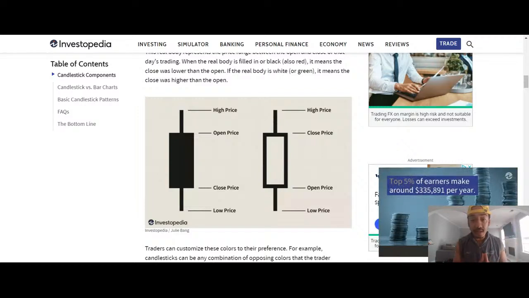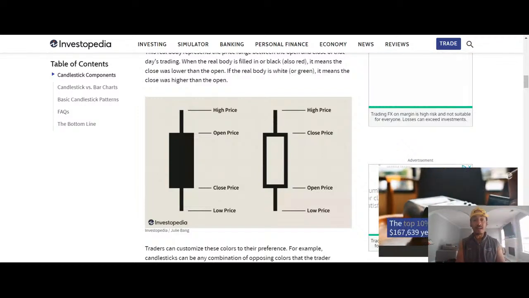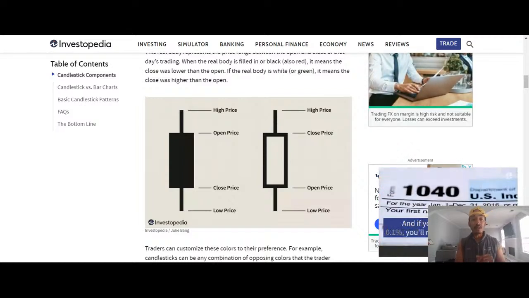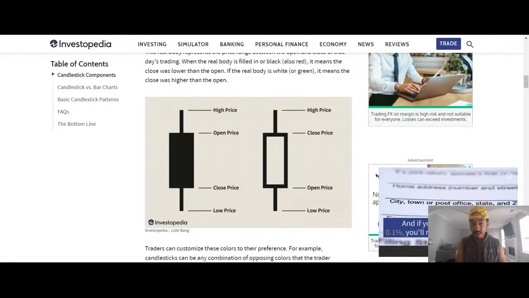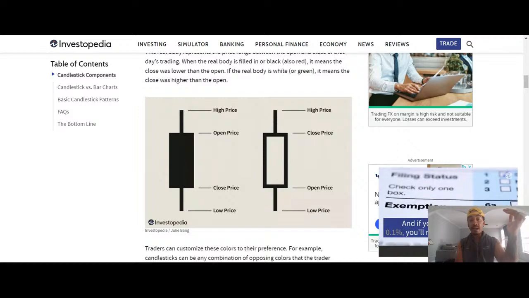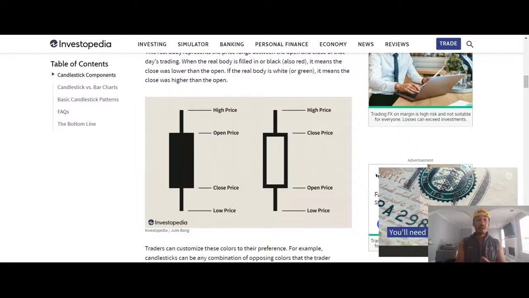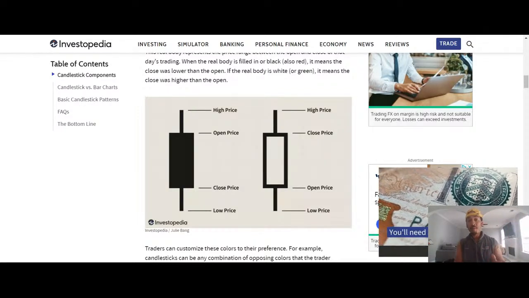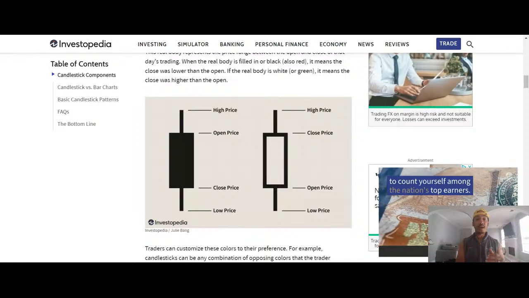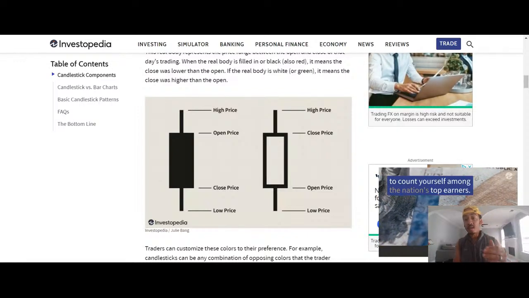What this looks like on this green candle is that the price opened here. Most likely it went up initially and then came back down. The top of the candle is the opening price on the green candle, and the bottom of the candle is the closing price.